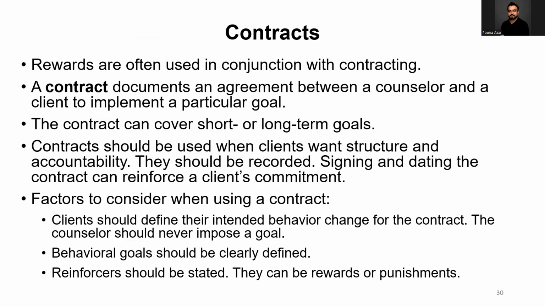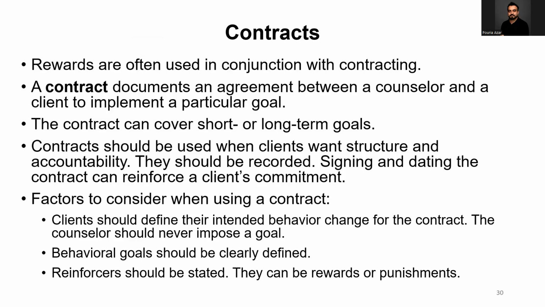Signing and dating the contract can reinforce a client's commitment. But there are different factors we have to consider when using a contract, and we need to remind the clients of these factors. We need to define the behavioral goals.